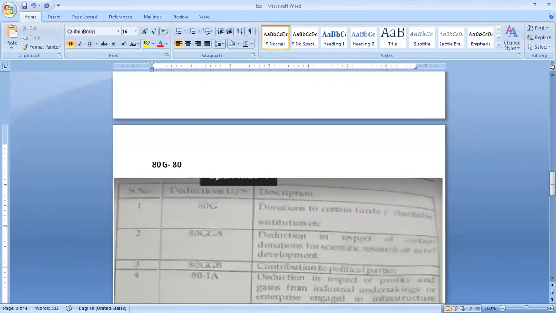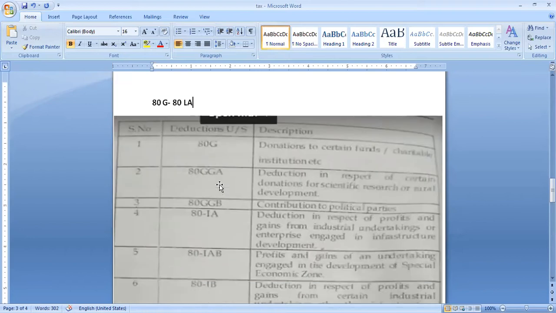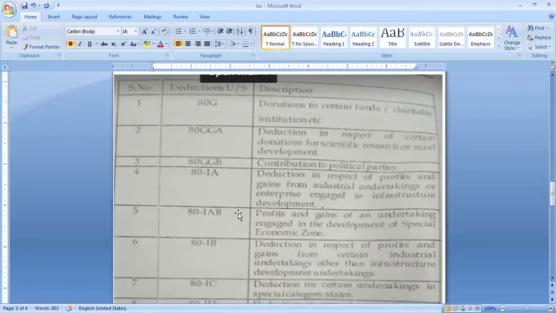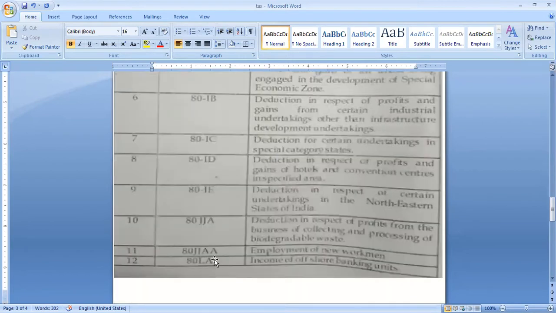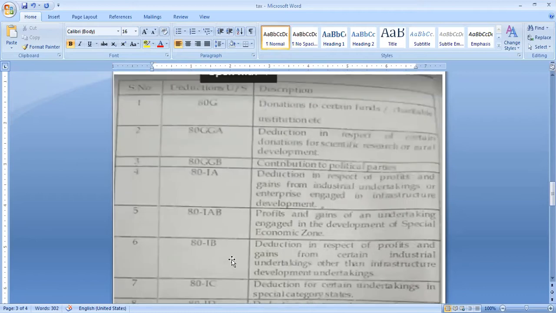These are commonly allowed deductions for a corporate assessee. Please note down these deductions which start from 80G to 80LA. If you want, you can take a screenshot. These are the main deductions for a corporate assessee.